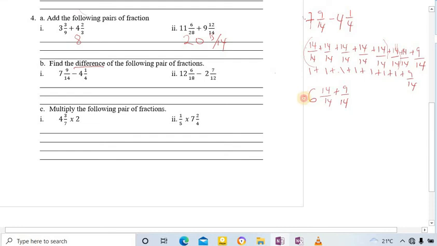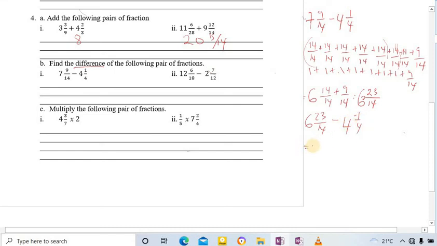Then this can now be written as 6 whole number, 14 plus 9 is 23, all over 14. 23 all over 14, so that we can easily subtract the fractions. So we have 6 whole number, 23 over 14 minus 4 whole number, 1 over 4.